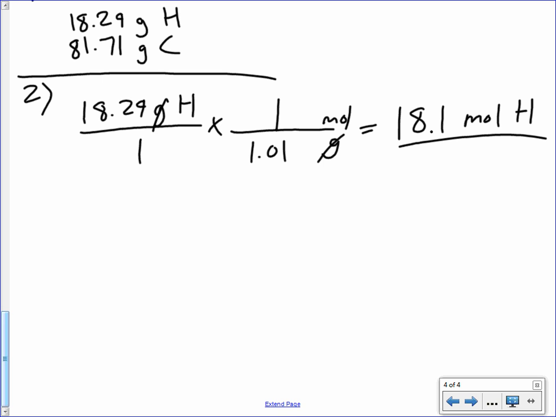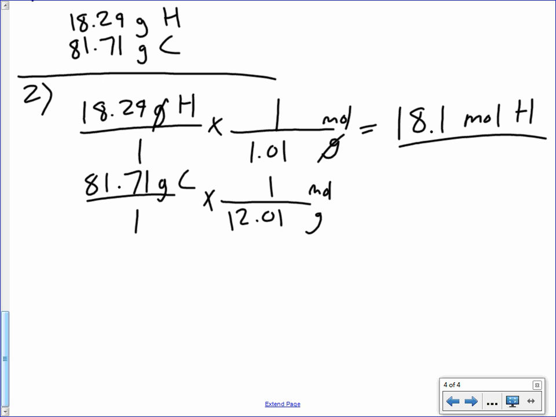Okay, so let's do the same thing for carbon. 81.71 grams of carbon. Okay, grams to moles. In 1 mole of carbon, there are 12.01 grams. So that means, let me put this in the calculator. You have, in your compound, 6.80 moles of carbon.